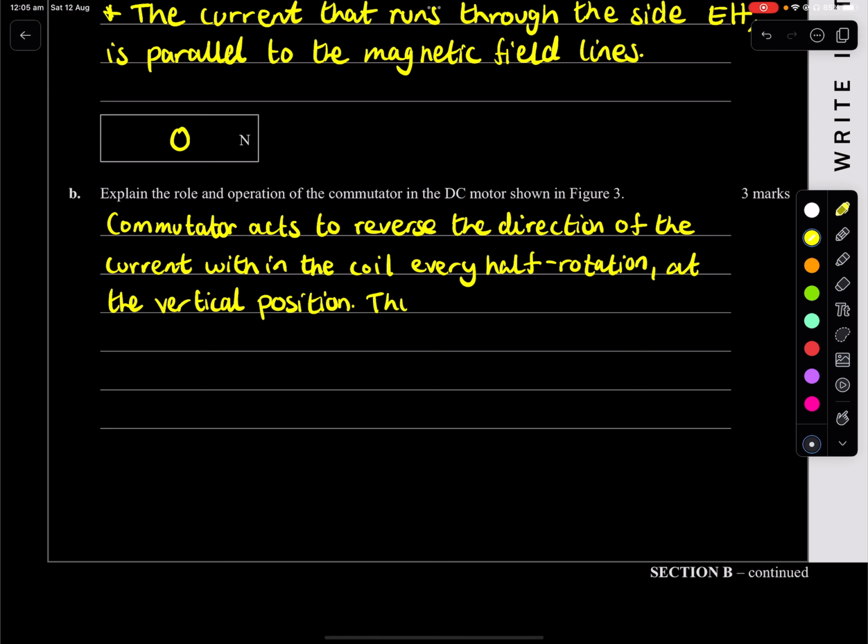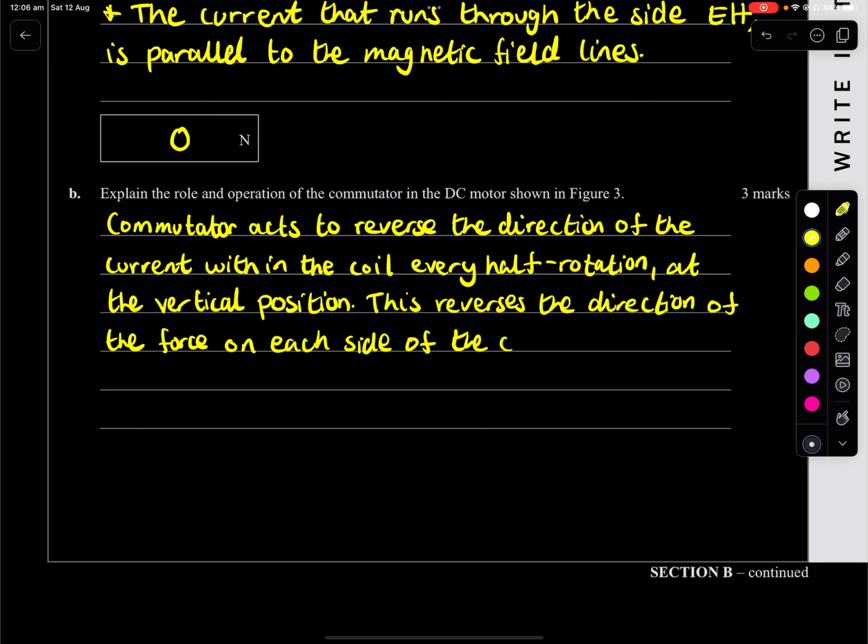This reverses the direction of the force on each side of the coil, so that the direction of rotation is constant.